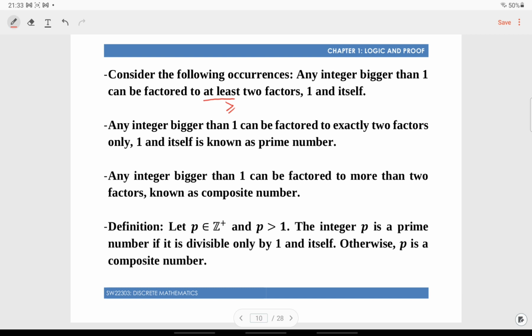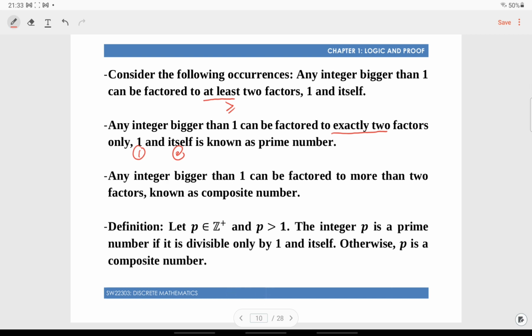There are only 2 integers that can divide that number: 1 and itself. So we call that number a prime number.